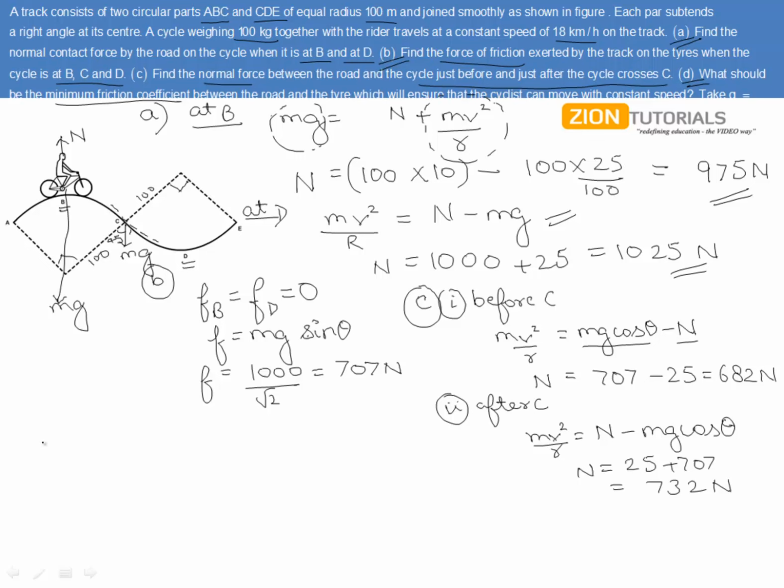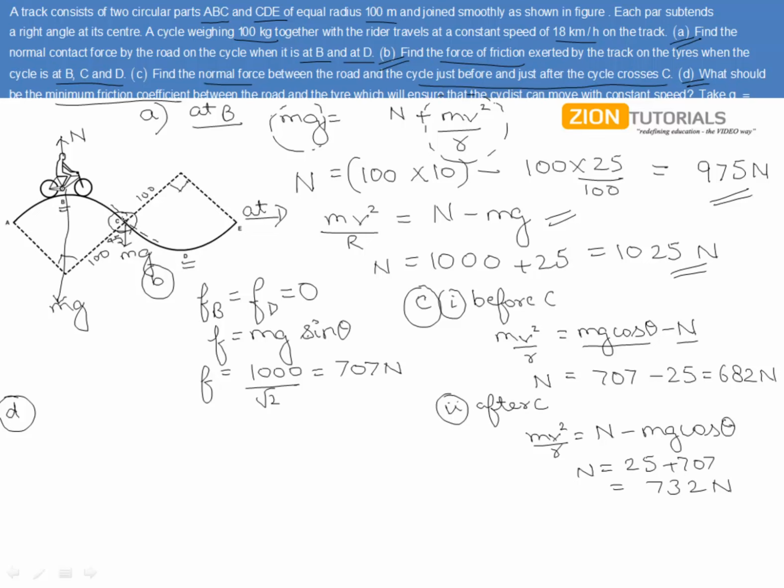Now, moving ahead with the last part of this question, that is, what should be the minimum friction coefficient between the road and the tire, which will ensure that it can move with a constant speed. Now, while moving from A, B, C, D and E, we can notice that C is the point of minimum normal reaction.